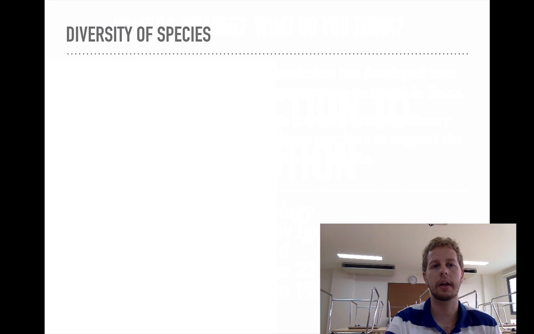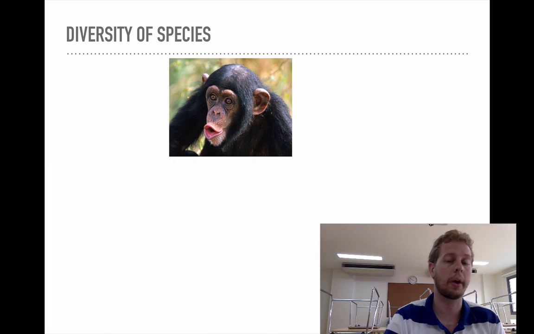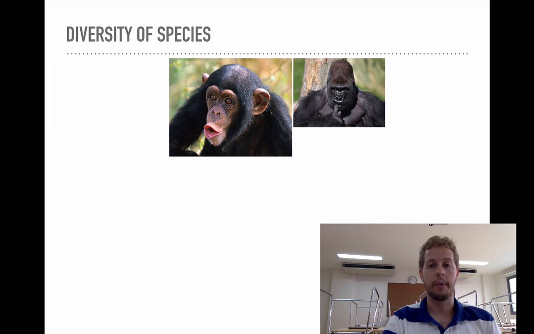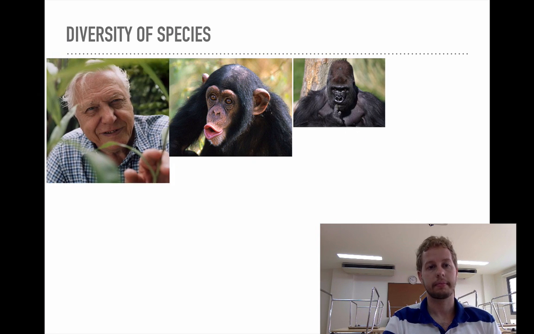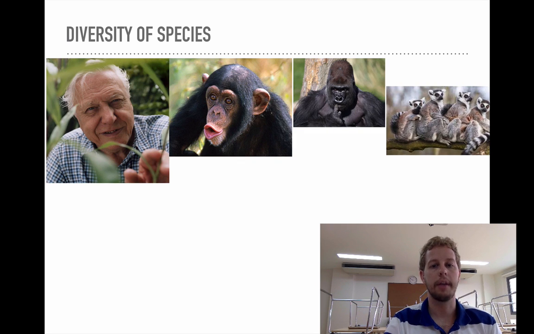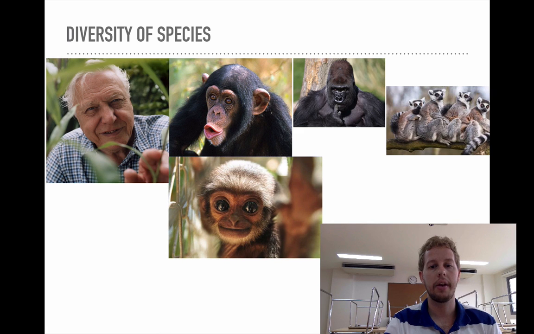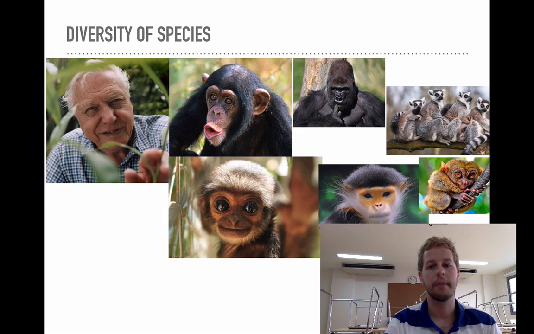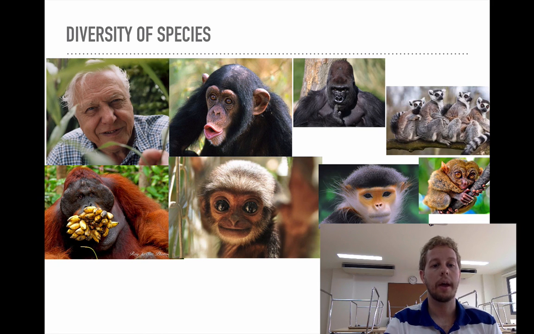But let's take a look at a family of organisms, and that's of the primates. Okay, in the primates we have chimpanzees, and we have gorillas, and humans. We are part of that as Homo sapiens. We also have lemurs, and New World monkeys, and Old World monkeys. Orangutans are also part of this family too.